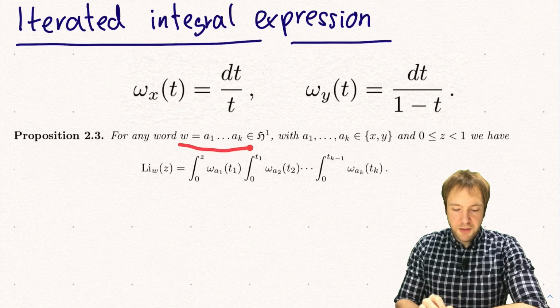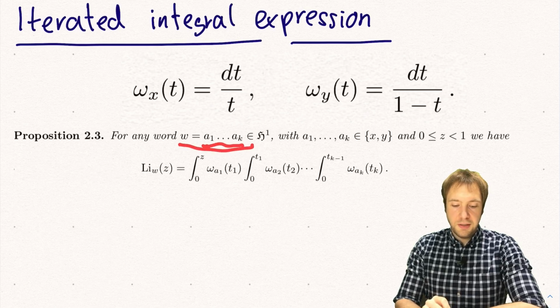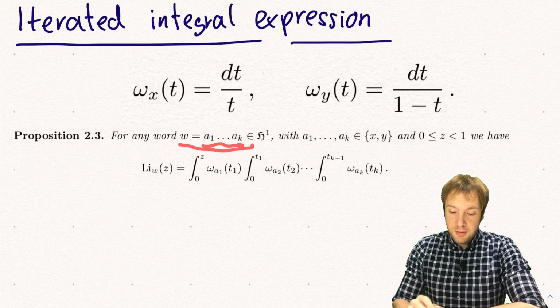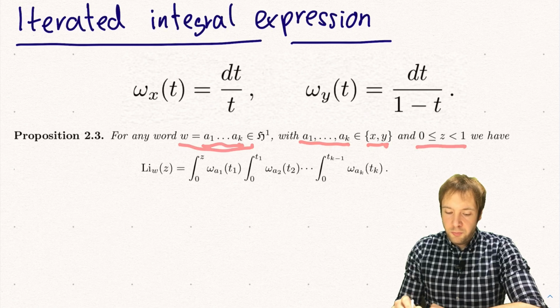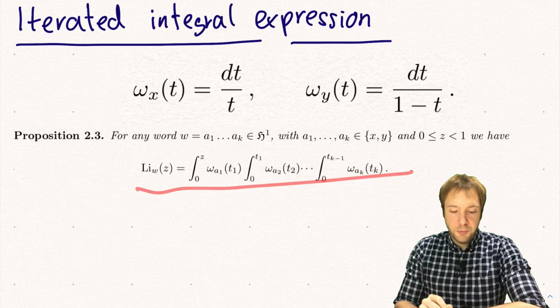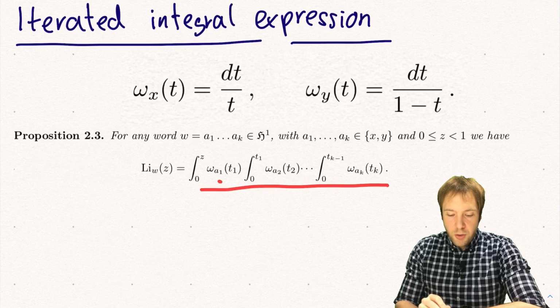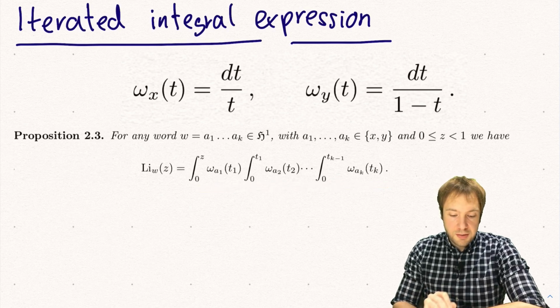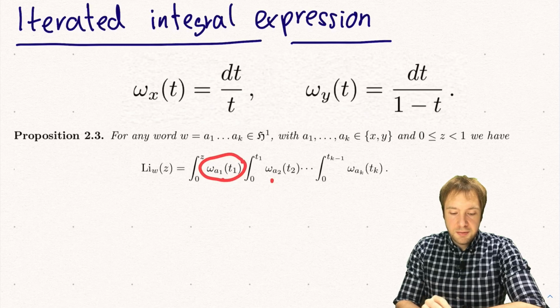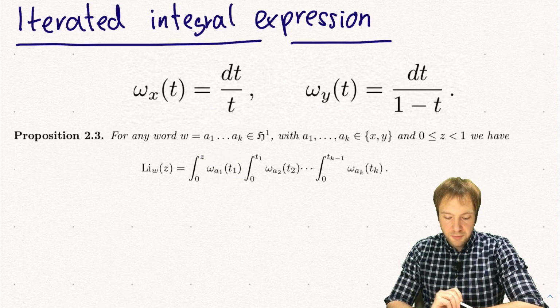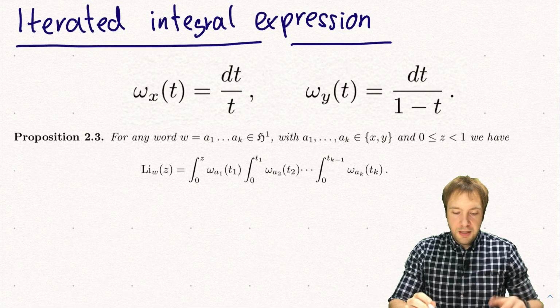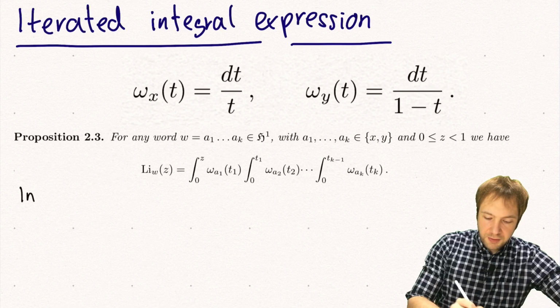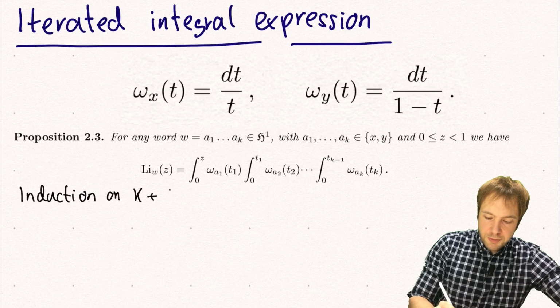And then the statement is, if I have a word consisting of the letters a1 up to ak, so these are either x or y, then for z between 0 and 1, this Li of this word can be written by this iterated integral, where for each letter I have one integral here, and then depending on the letter, I will choose either this or this differential form. And this now follows directly from the lemma by induction on k, so induction on k plus the lemma.